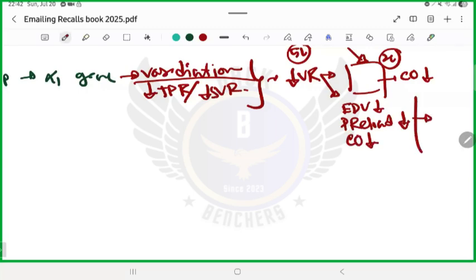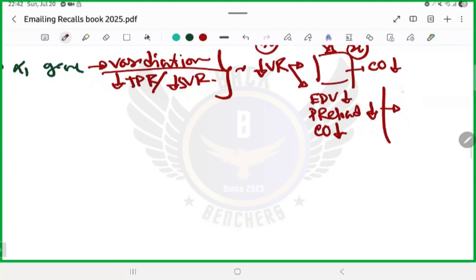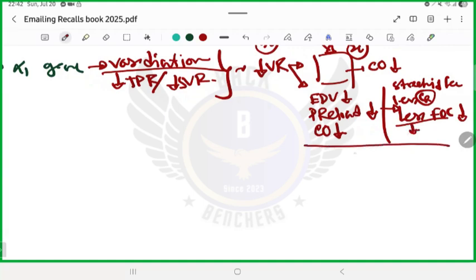When preload and end diastolic volume are low, the heart is stretching less, less calcium is going in, so less force of contraction. Simple and easy. So in both ways, less BP. So that describes hypotension.